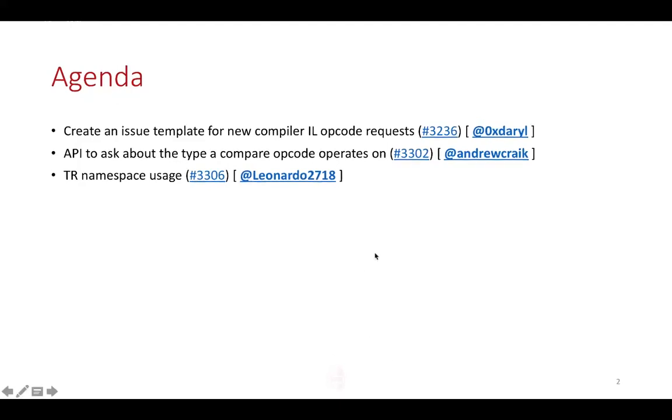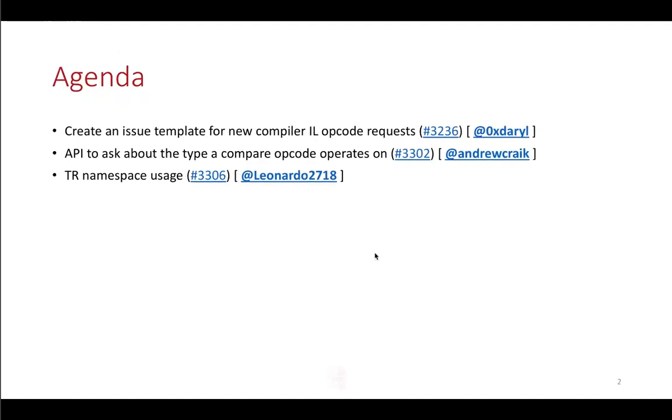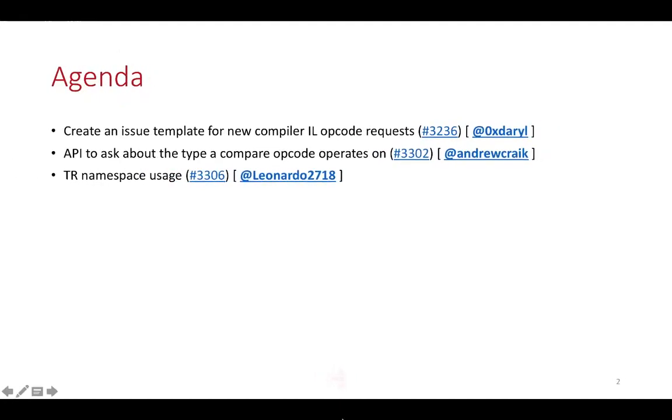Here's your opener. Well, it all started roughly a year and a half ago, when we had this same discussion, not in a compiler architecture meeting, but discussing what we wanted the TR namespace to be used for, and trying to figure out whether non-extensible classes should be put in the TR namespace versus the OMR namespace.